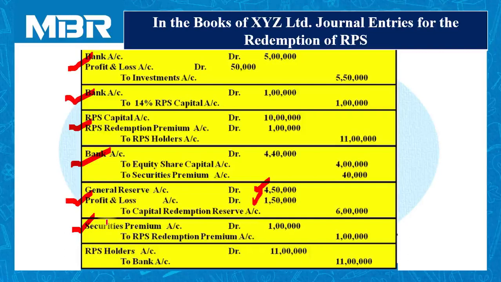So 4 lakhs 50,000 plus 1 lakh rupees, securities premium account debited to RPS redemption premium account 1 lakh. RPS holders account debited 11 lakhs to bank account 11 lakhs. We have paid the amount to RPS holders.